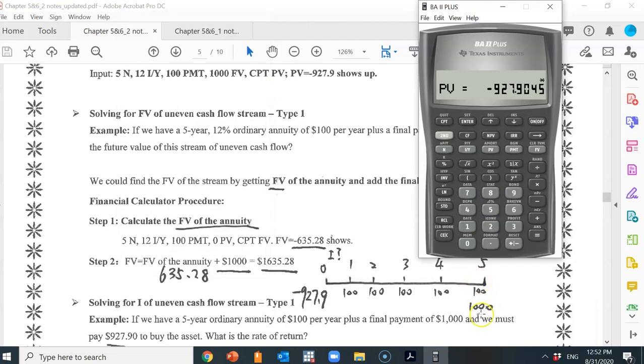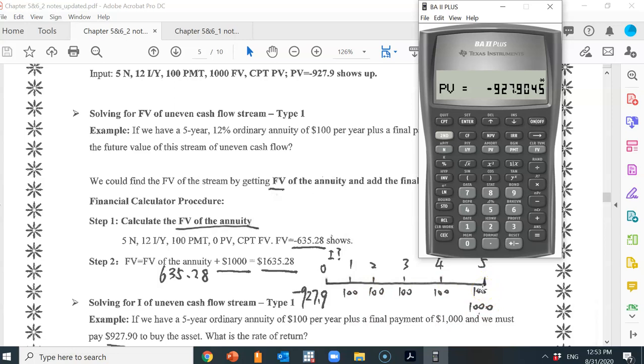So we don't have to calculate the future value of the lump sum anymore. We just need to calculate the future value of this annuity of 100s, and then we add the final 1,000. So we know how much they're worth in total at the end of the 5th year.